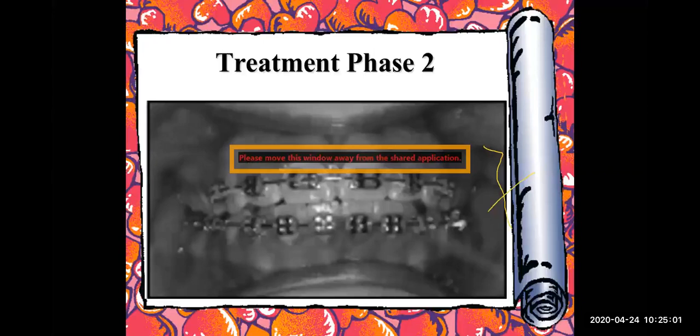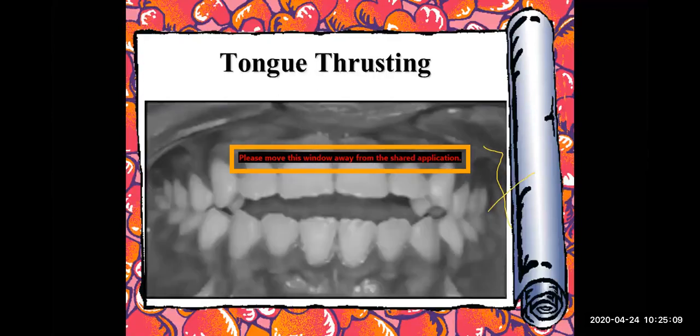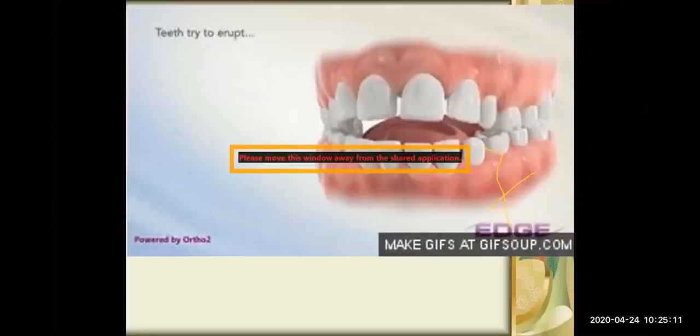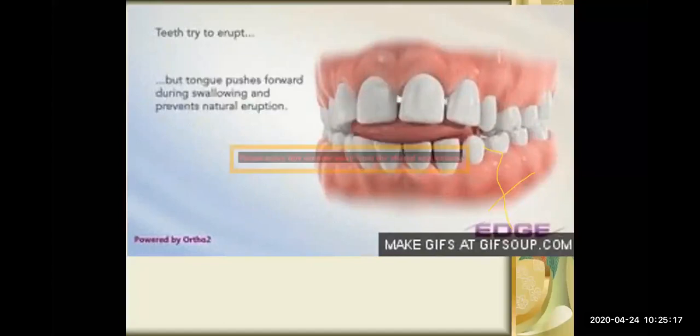So the tongue thrusting is the next one. You can see here what the tongue thrusting does to your dentition and the skeleton.